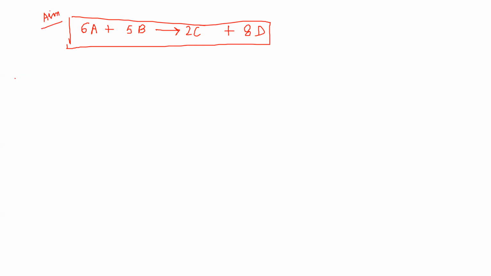And we have the constituent equations: A gives C, B gives 2D, and then we also have 5A gives D.